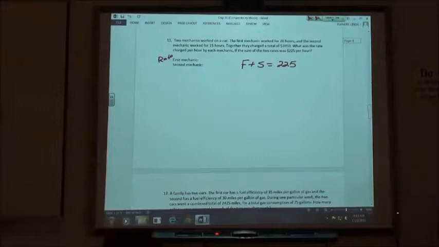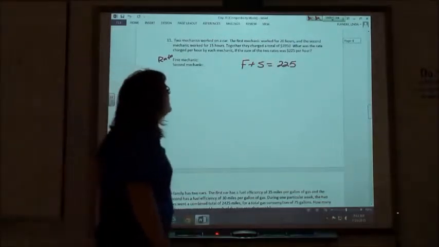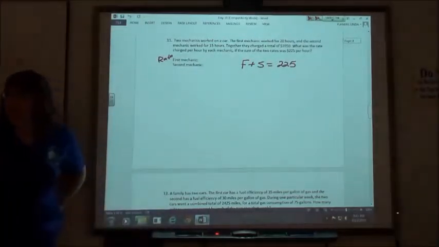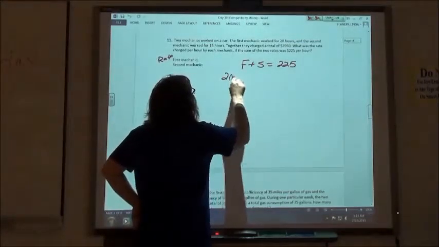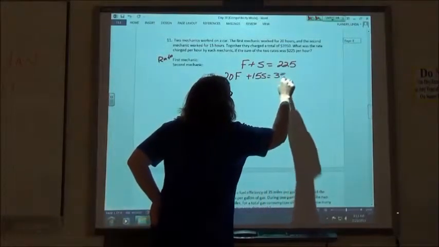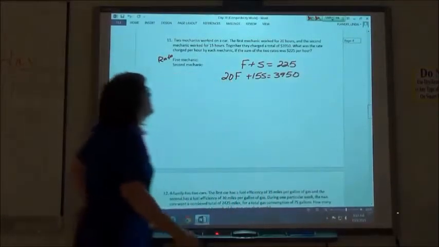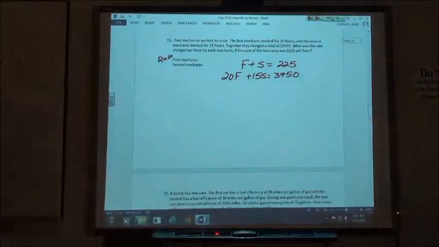My second equation has to do with how much they charged altogether. If the first one worked 20 hours and the second one worked 15 hours, together they charged $3,950. So what would my equation for that be? Plus 15, that equals 3,950. Exactly. 20F plus 15S equals 3,950.